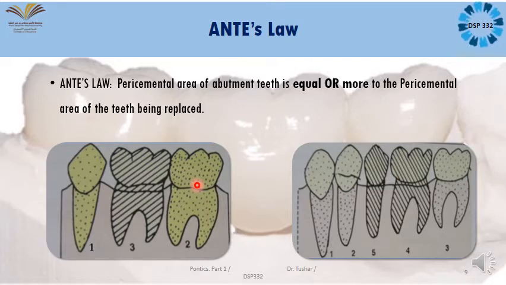So though the pericemental area is equal, in the long run there is a lot of danger for this abutment. That is the reason that if you take support from the mesial abutment, the longevity of that FPD will increase tremendously, and of course your pericemental area is also increasing. Understood?